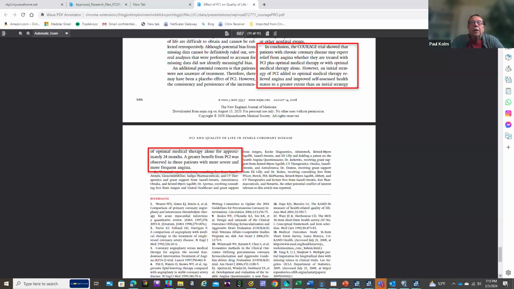And so in the conclusion, then, that's the essential conclusion that we came up with. And you can see that we don't use statistical significance here.